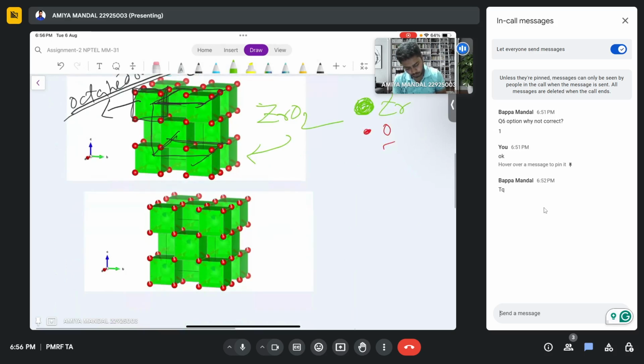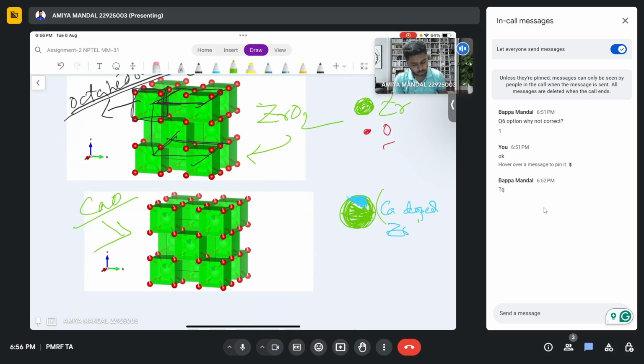Next, when we drop calcium oxide here, what will happen? You can see some zirconium positions have been occupied by calcium. So this is calcium on zirconium, and this is zirconium.